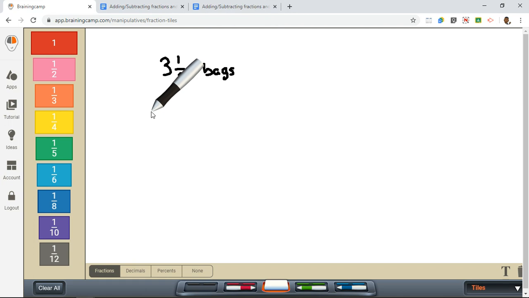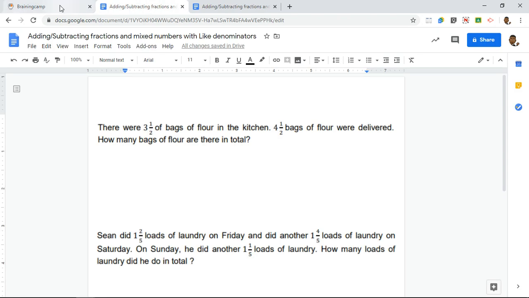So they received an additional, well, that looks like a multiplication sign. Let me just erase that there. Again, really cool with this program. So plus, and it said 4.5 bags were delivered.